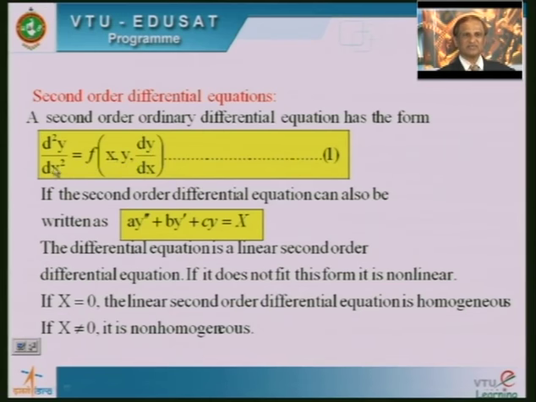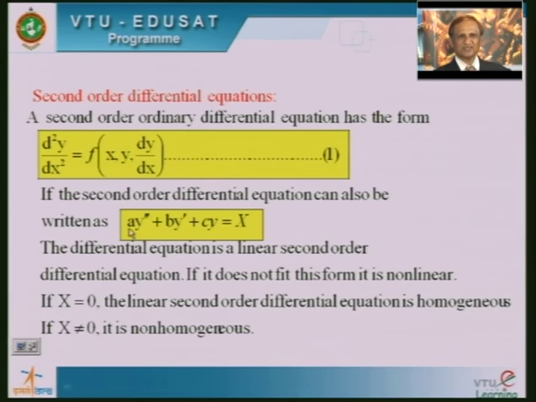Suppose I want to define a second order differential equation, such a differential equation must contain the symbols d square y upon dx square and a function of x, y, dy by dx, right. The second order differential equation can also be written in other forms, as I have mentioned in the earlier slides, right. So, differential equations can be written in various forms.